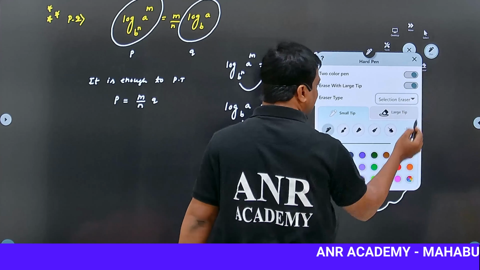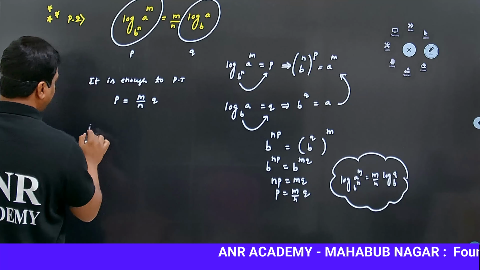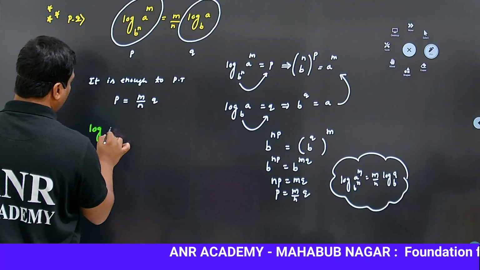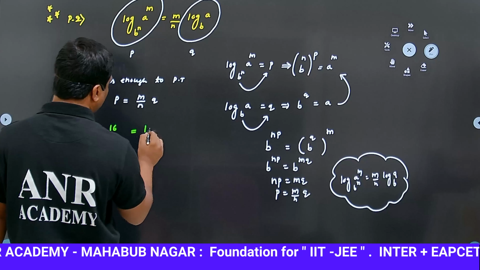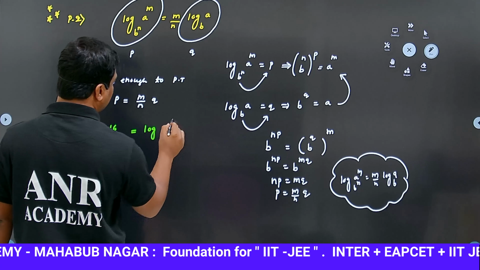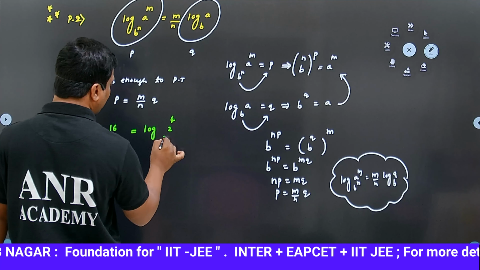Let us see an example based on this. Suppose the question is log 16 to the base 8. If you have this type of question, you can apply this property. 16 can be written as 2 power 4 and 8 can be written as 2 power 3.